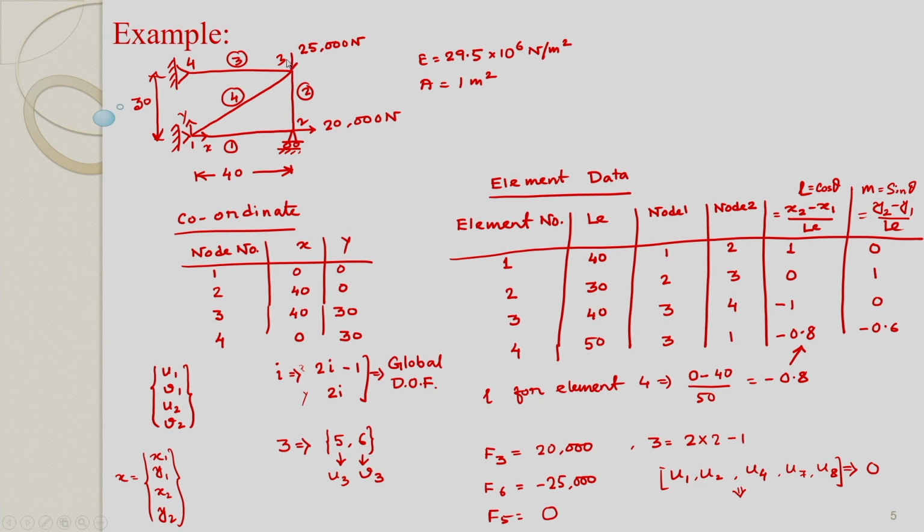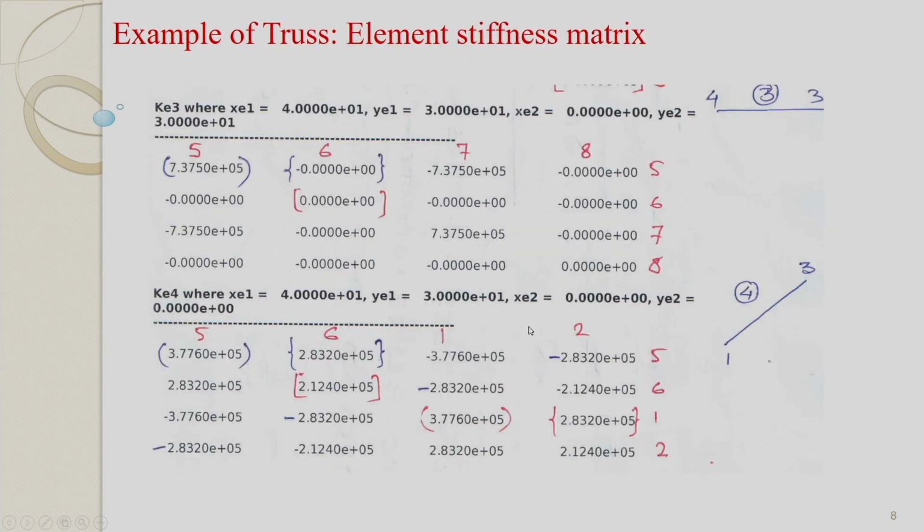So, it should be 5 6 1 2. Associated global degrees of freedom are 5 6 with node 3. Now, our global stiffness matrix is of size 8 cross 8.